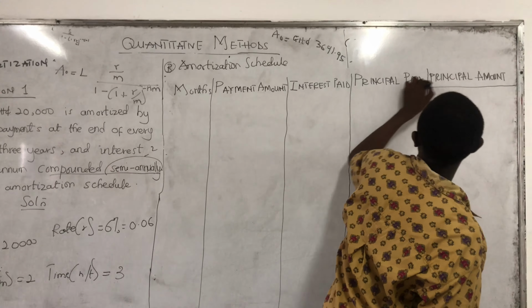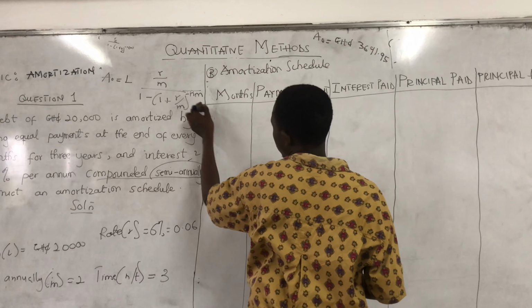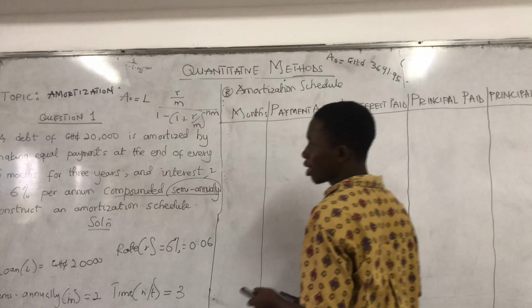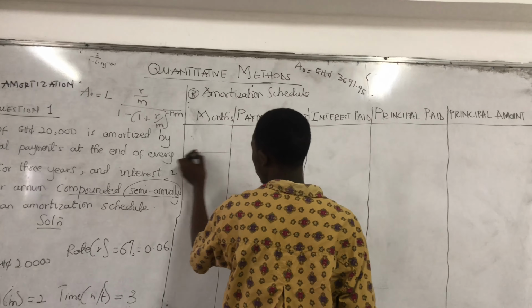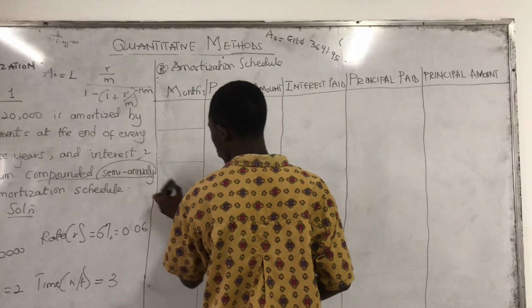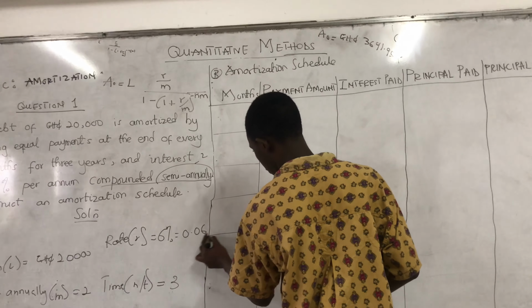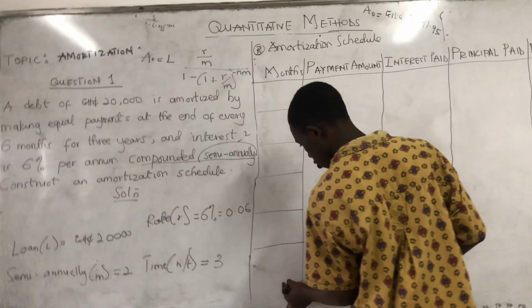For the number of months, we're given 6 months. So 1, 2, 3, 4, 5, 6.